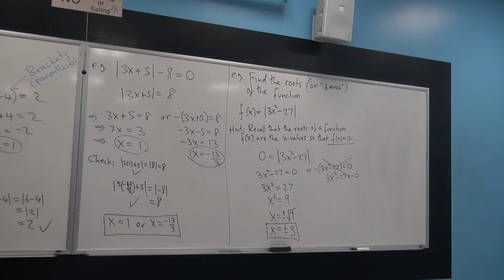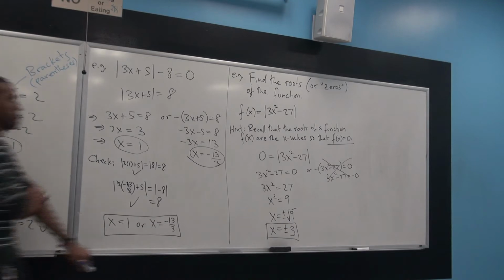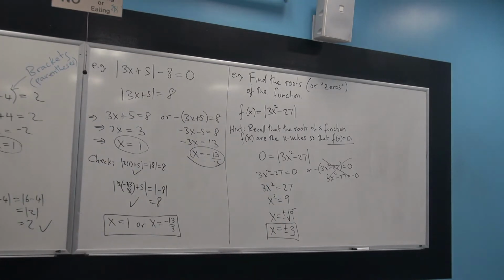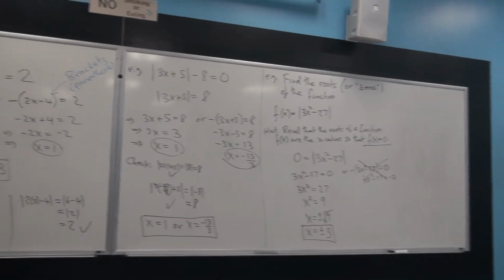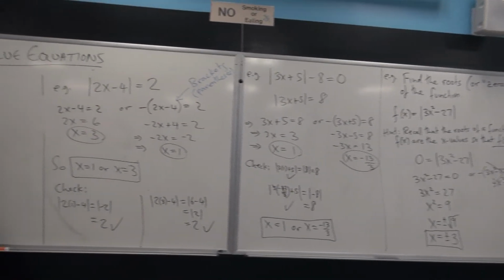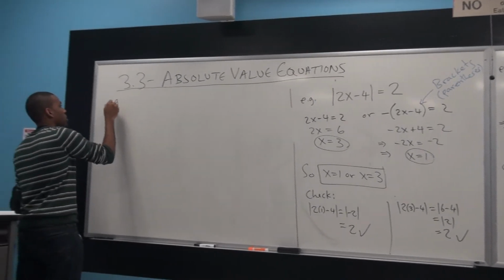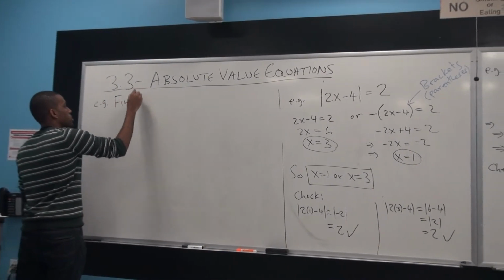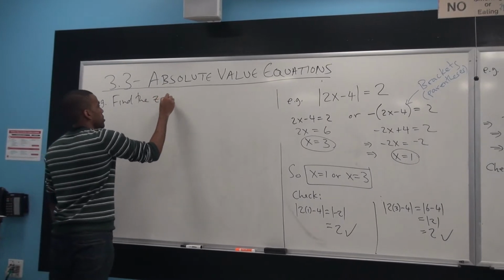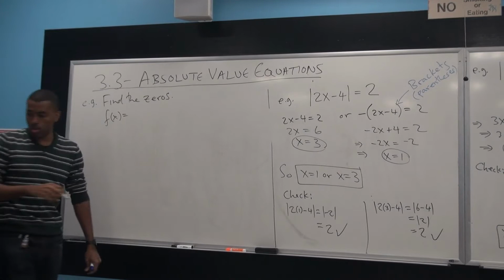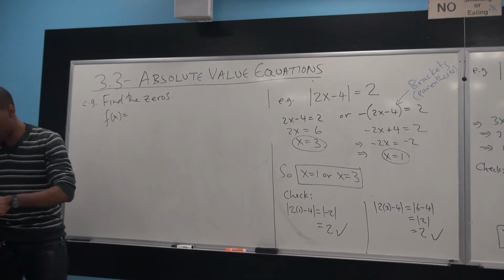How about another one? Find the zeros. F of x equals, let's see.